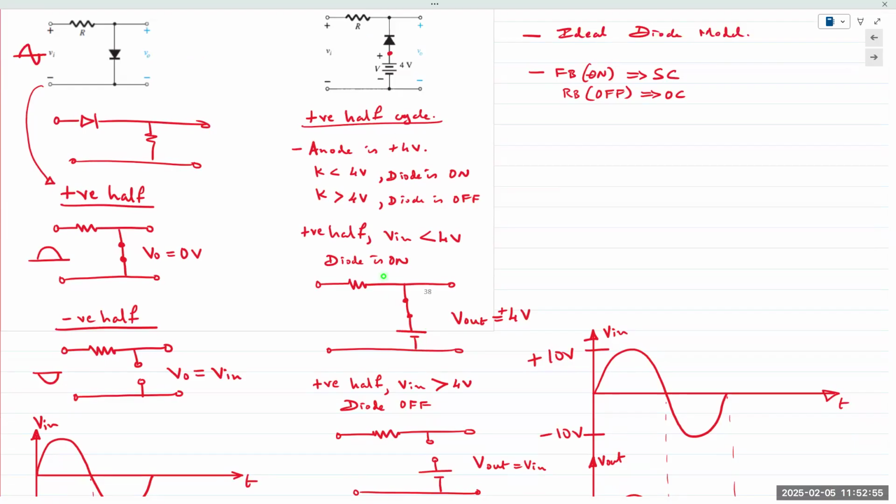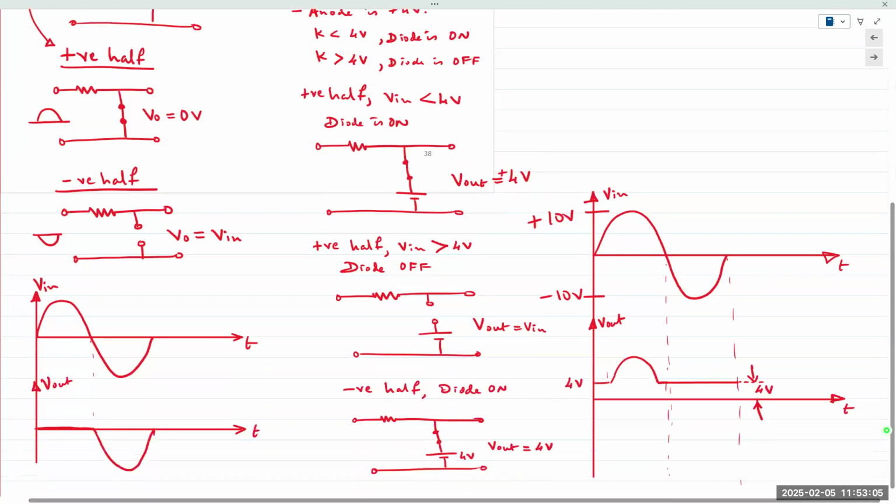Okay, so below 4 volts, your V out is a constant flat line coming from the battery, which is indicated right here. Your input crosses 4 volts, diode turns off. When the diode turns off, V out is equal to V in.